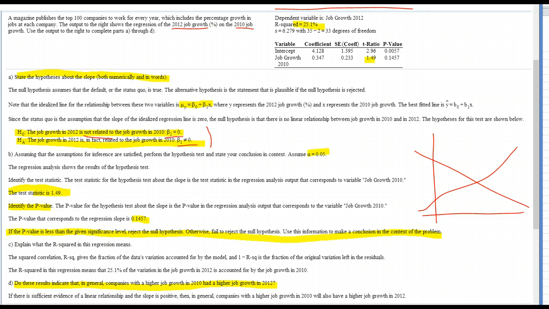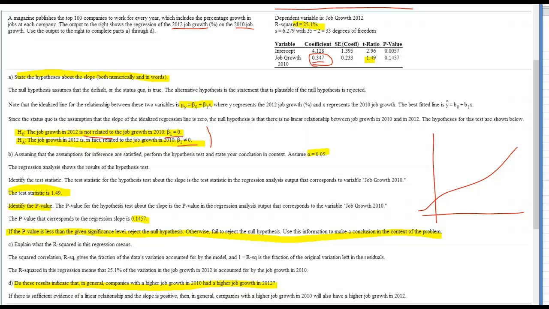With the coefficient here being positive, it is definitely not this line here, because this line has a negative slope. So the answer to this part is that there is sufficient evidence that the linear relationship is positive by this value here, and in general it means that higher job growth in 2010 will have higher job growth in 2012.